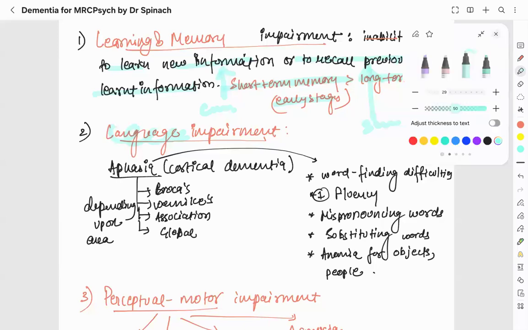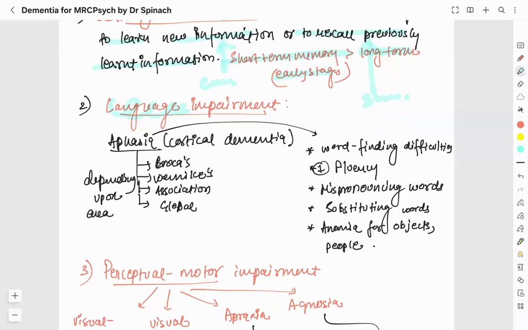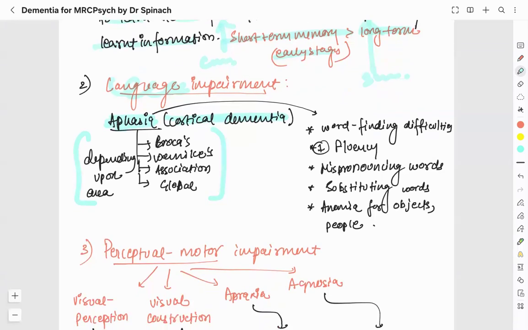Under language impairment, we have aphasia, which is seen in cortical dementia, which we have already discussed. And if we want to write it and understand it, the patient would have word finding difficulties, fluency would be decreased, mispronunciation of words will happen, the patient would try to substitute words, and anomia for objects and people would be present.